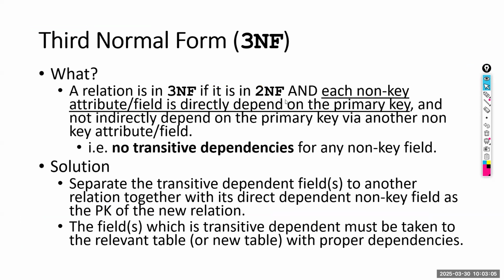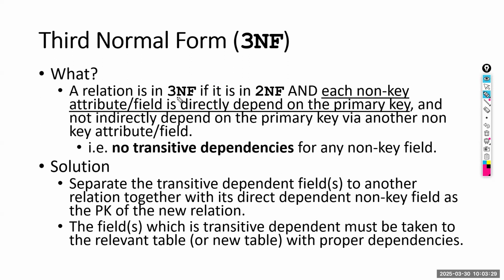Right. So let's move on to the third normal form because there are no questions. Again, you can check whether it's in third normal form only if you have already checked whether it's in first normal form and second normal form, and you have found that yes, it's in second normal form. Now you can check whether it's in third normal form. So this is what third normal form says.